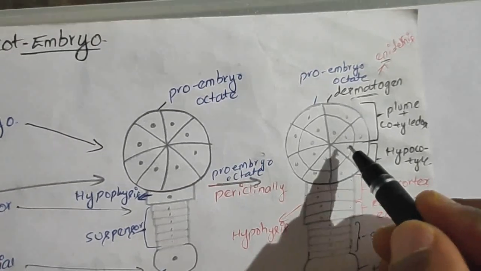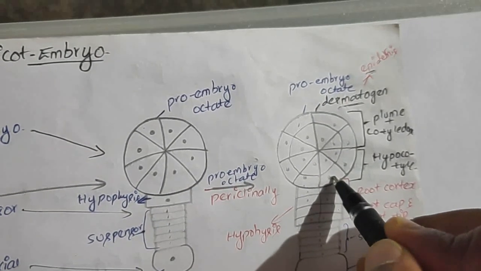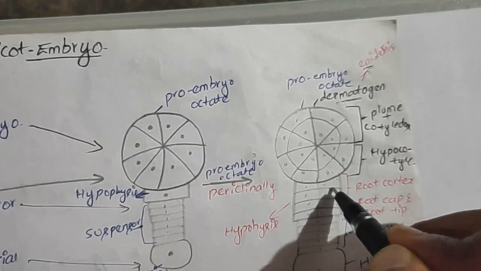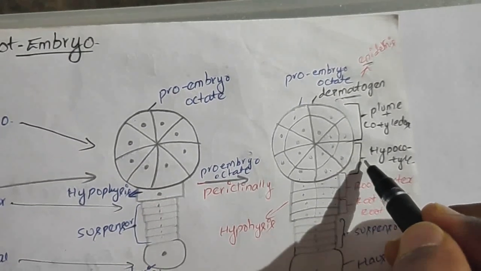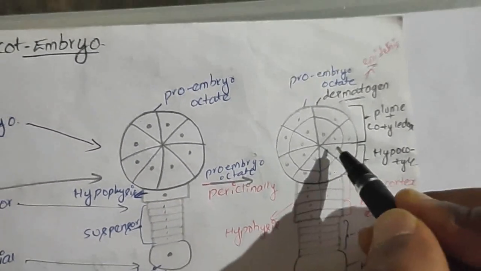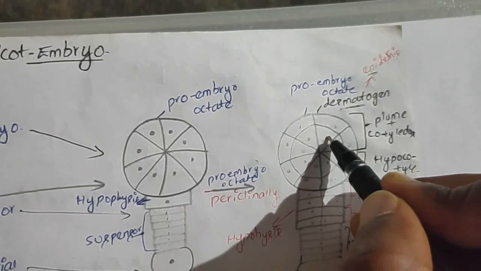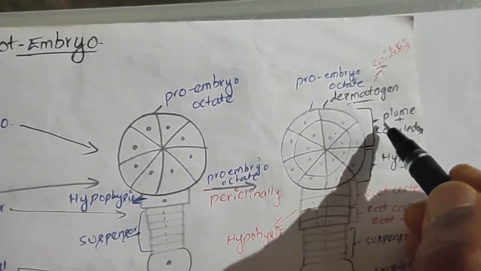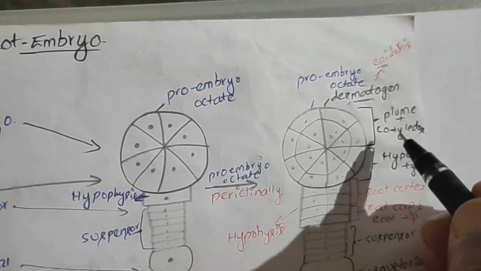In the inner cells, the half of the proembryo octant attached to the hypophysis will give rise to the hypocotyl, and the half towards the chalaza end will give rise to the plumule and cotyledons of the future embryo. The suspensor and haustorial cell will start degenerating.